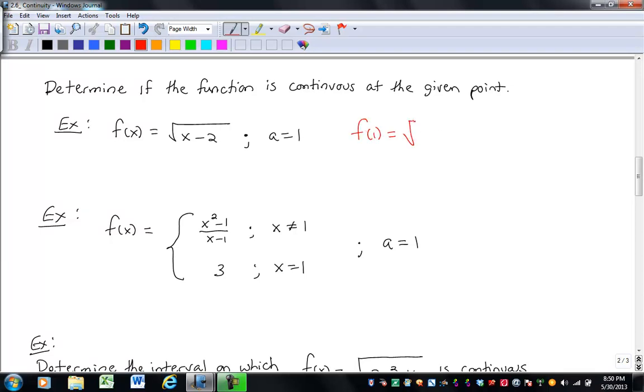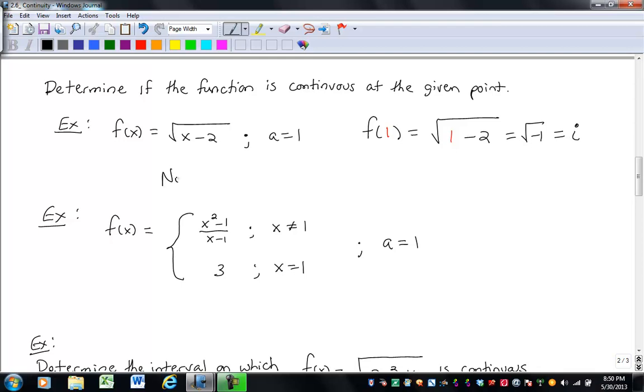So I take every x in there, and I replace it with the number 1 to see if the y value exists. Because that's the first condition of continuity. The y value has to exist. Replace all the x's with the number 1, and this turns out to be the square root of negative 1, which is i. I don't know where I would graph an i on my page. So that y value wouldn't exist in a graph with the xy plane.